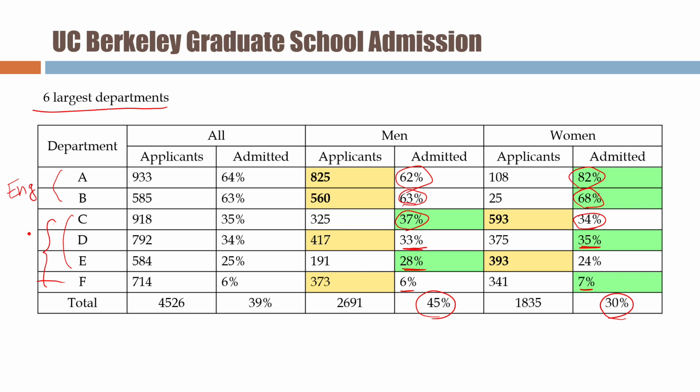So they have a lot of money to hire. That's why the engineering school usually accepts more graduate students.